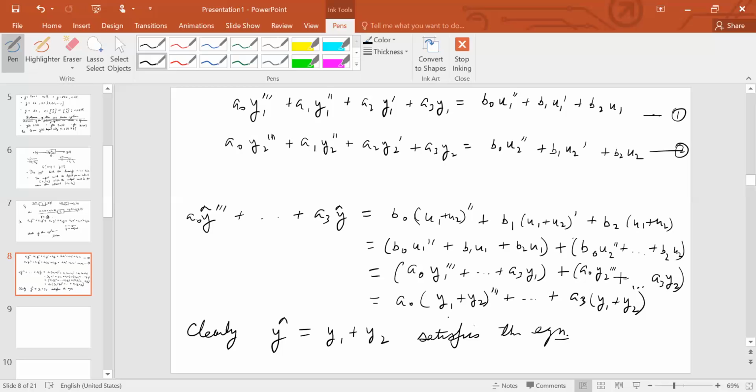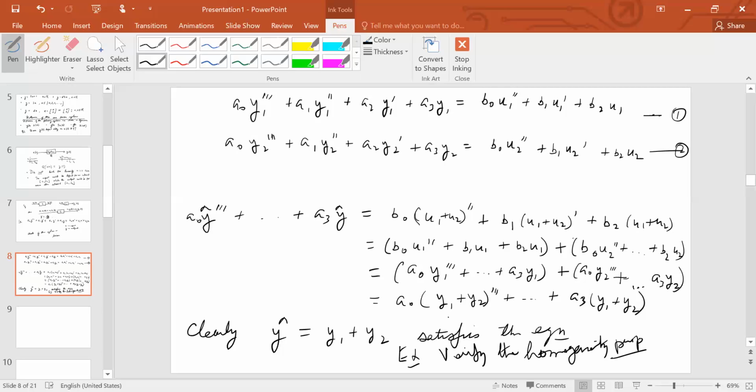Exactly following a similar sequence of steps, you should take this as an exercise: verify the homogeneity property. I'm not giving you the answer; it's good practice for you to do it, to see how you argue along these lines.